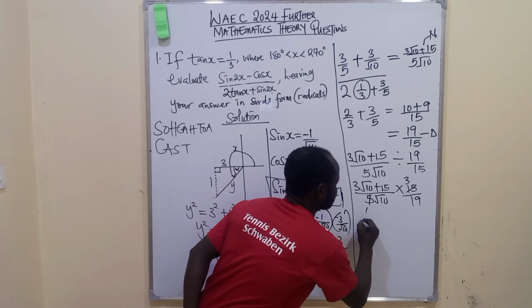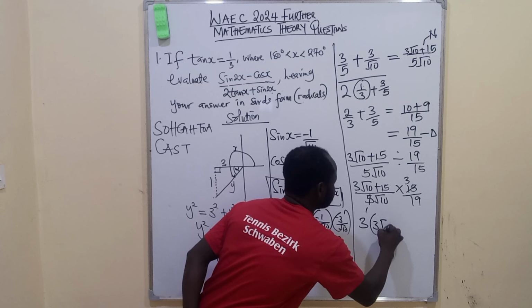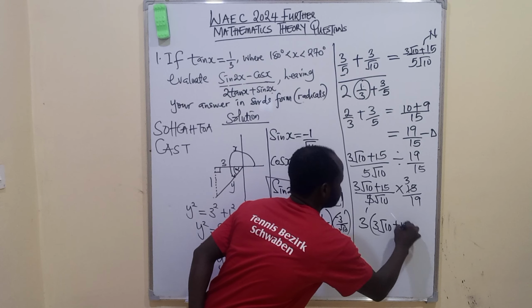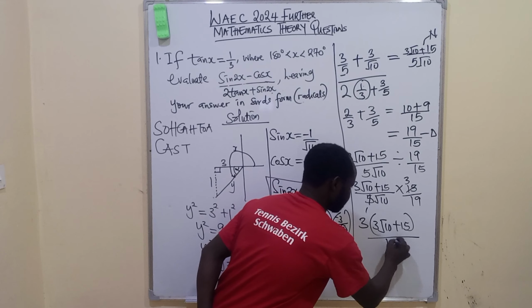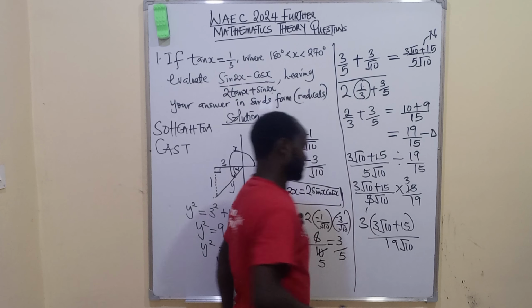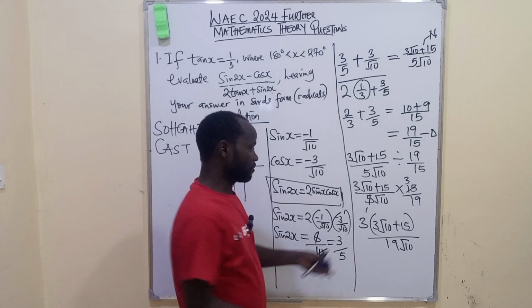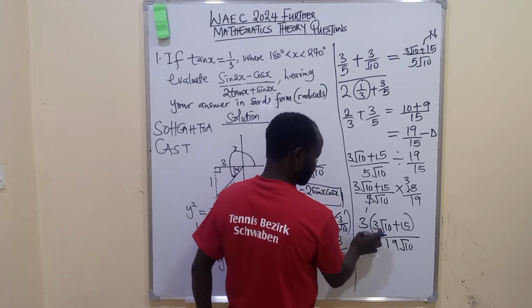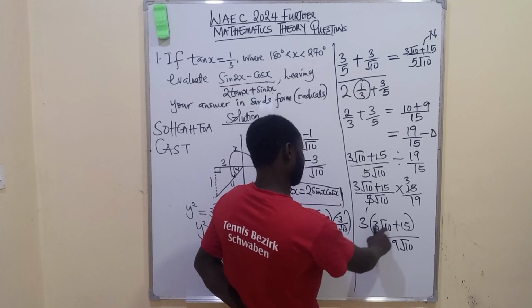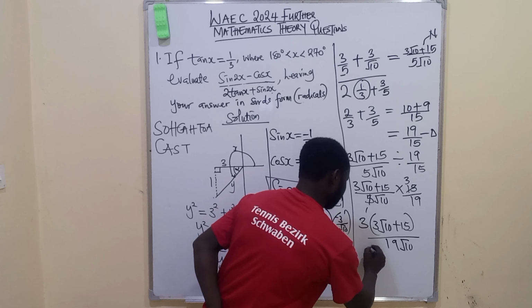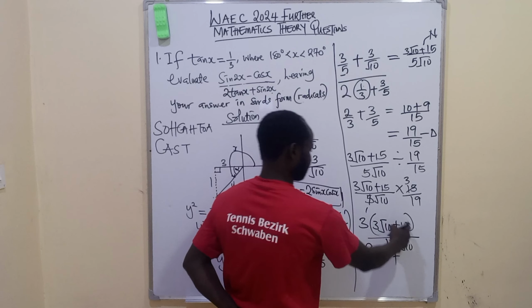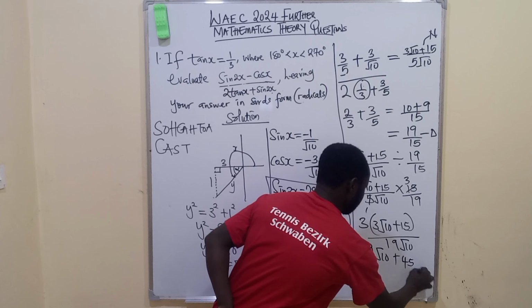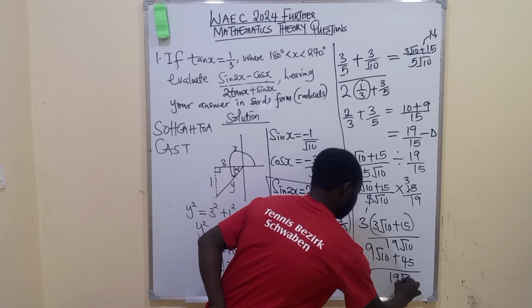This will now be 3 bracket 3 root 10 plus 15, divided by 19 times root 10. That will be 19 root 10. This is the final answer, or I can multiply through by this 3. This will be 3 times 3 root 10, that will be 9 root 10, plus 3 times 15, of course, is 45, divided by 19 root 10.